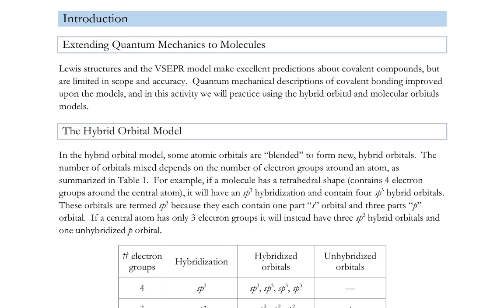The orbitals that overlap are a blend of the atomic orbitals of the atom. They have been blended to give these new orbitals called hybrid orbitals, and those orbitals overlap with the orbital of the atom it's bonded to.